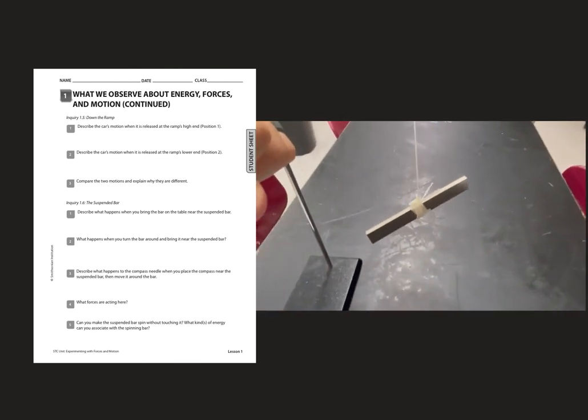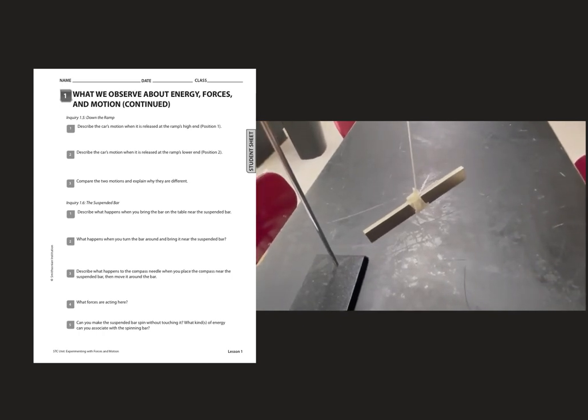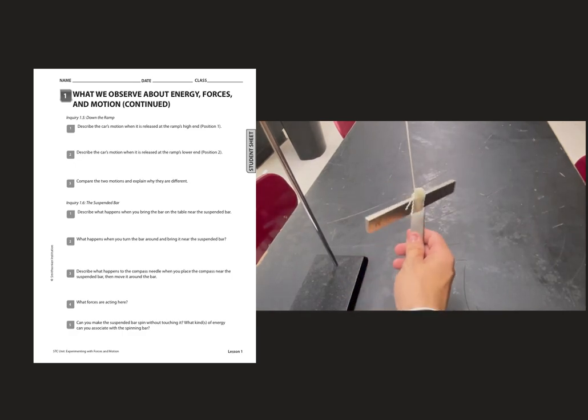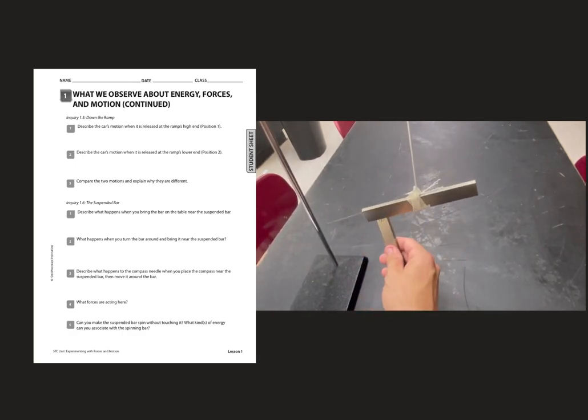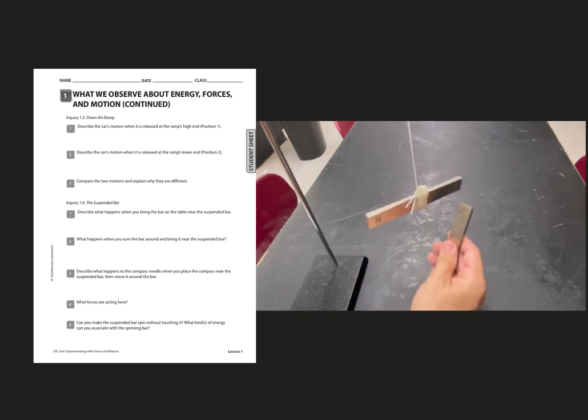Number 5, can you make the suspended bar spin without touching it? Let's test that. So without touching it, how can we make it spin? All right, so I'll even make it go the other way.